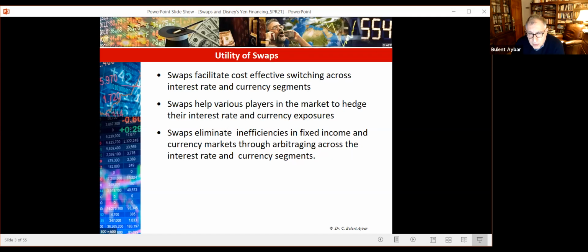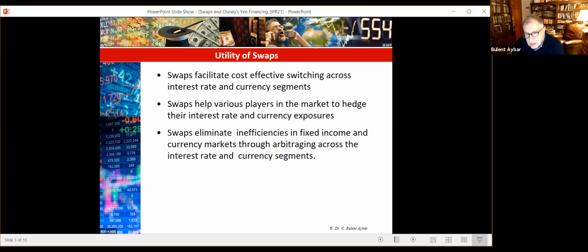The utility of swaps is various. They facilitate cost-effective switching across interest rate and currency segments. What I mean by this is that a floating rate borrower can cost-effectively restructure its borrowing interest rate structure into a fixed rate liability or fixed rate borrowing.